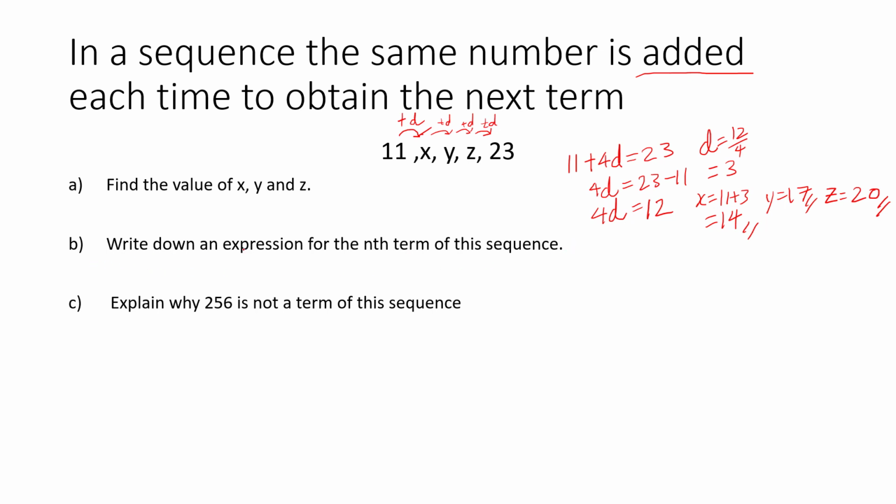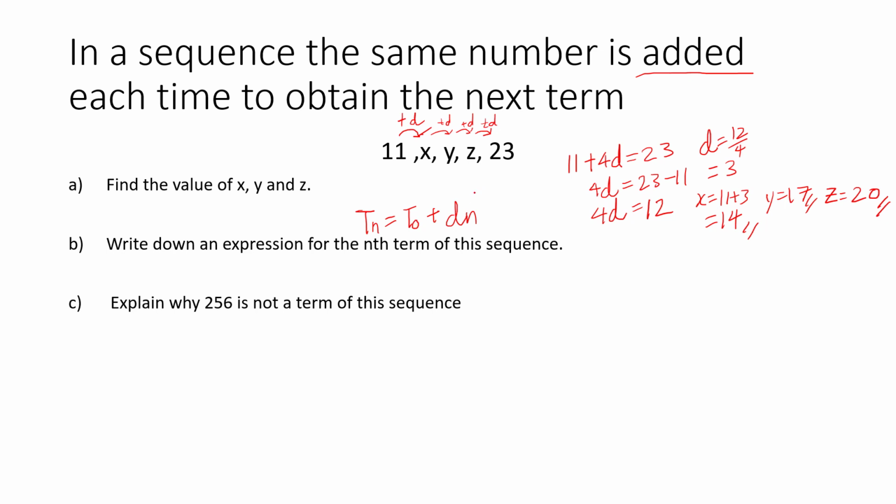Part B is write down an expression for the nth term of this sequence. This is something that we learned in our previous video. Remember the general formula is Tn, which is the nth term, is equals to the term 0 plus common difference times n.